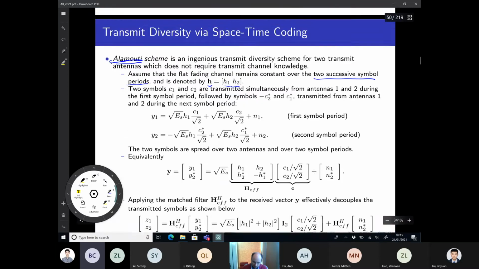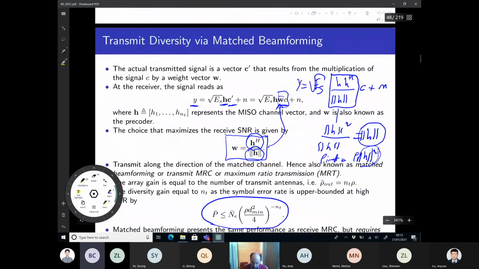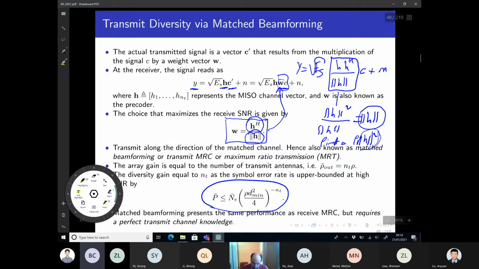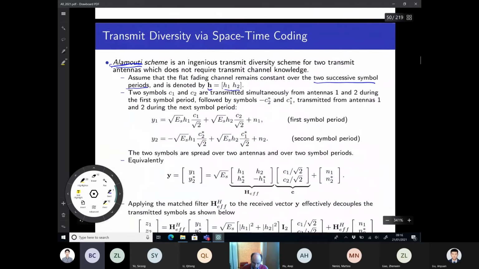Normally, at every symbol period you can transmit a different symbol. What we do here is assume two successive symbol periods, and transmit two symbols across those two symbol periods, but we're going to transmit them twice in a way.